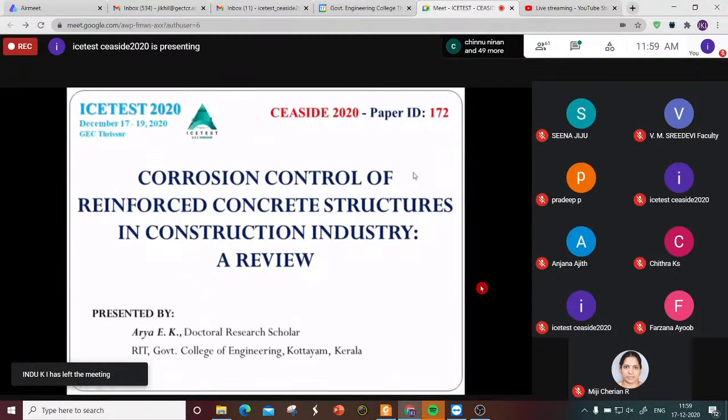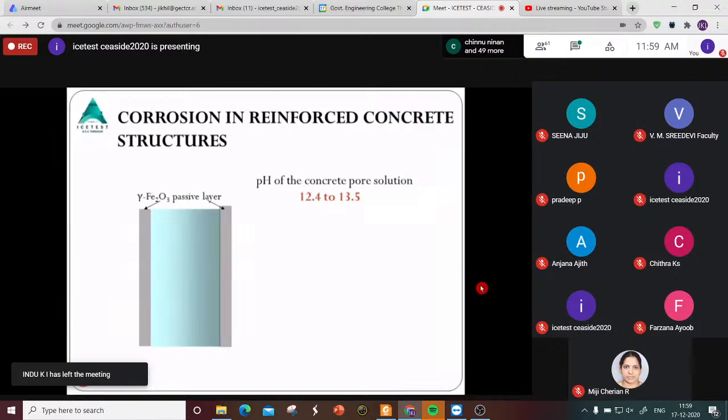So let's see what is the science of corrosion in reinforced concrete structures. The concrete has an alkaline nature and its pH is greater than 12, which makes a passive layer on the surface of rebars, protecting the steel rebars from the external environment.